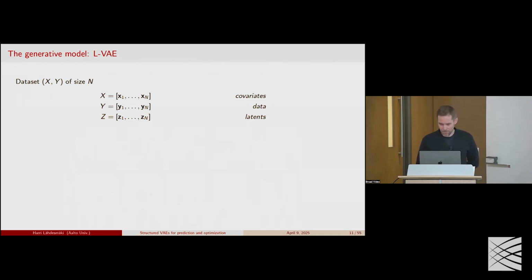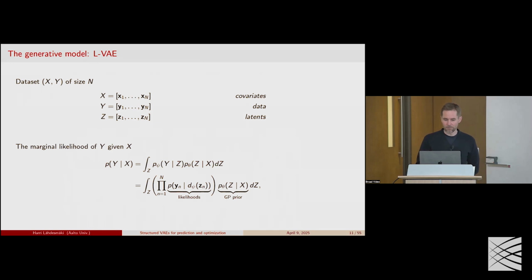Okay, and then a couple more details before I show how these things work. Let's say that we have a data set X, Y of size n. So we have n data points, the covariates or the inputs, the corresponding data items, and then the latent variables, which we never observe. We are primarily first interested in the marginal likelihood, because we want to have an objective to train the model.